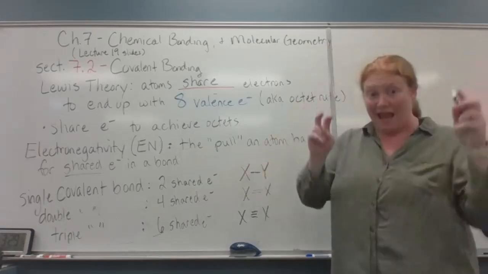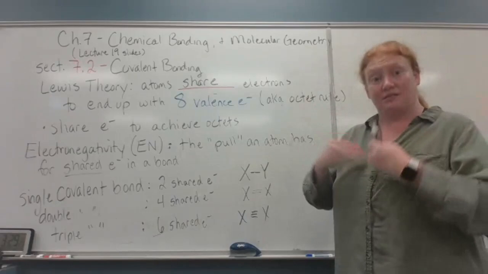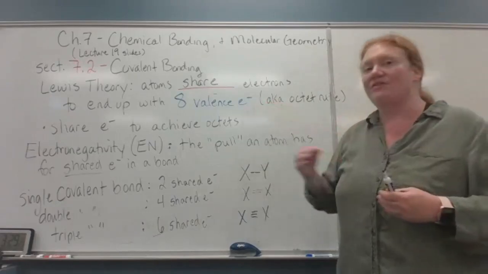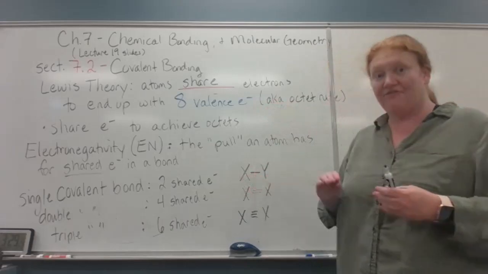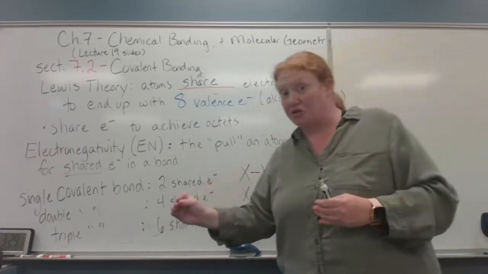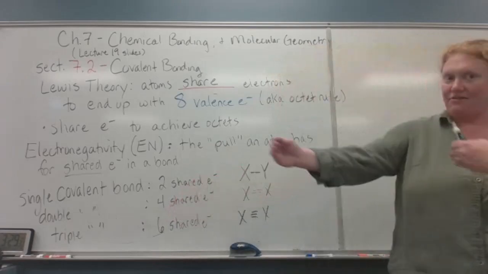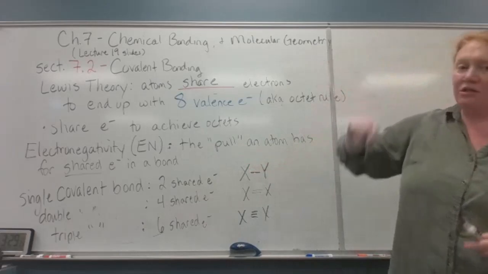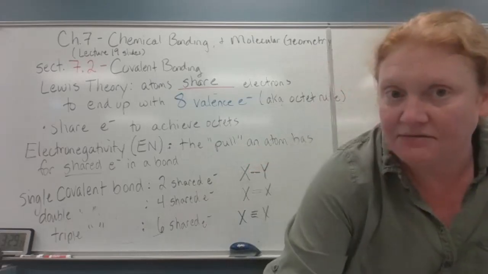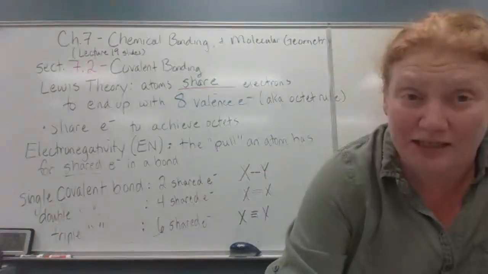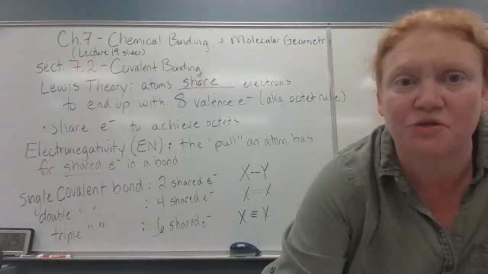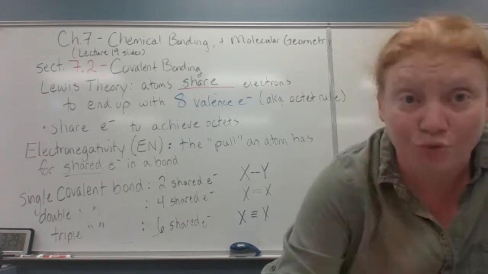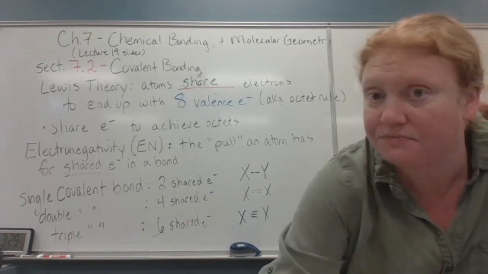Each atom gets to count them for itself, for its octet, but they may be physically closer to one atom than the other in the bond. That's the pull. What we look at is electronegativity and the trend. I do not need you to know specific values of electronegativity. We want the trend for electronegativity.